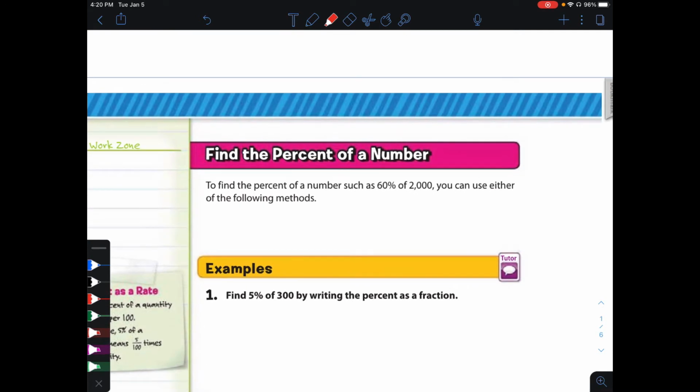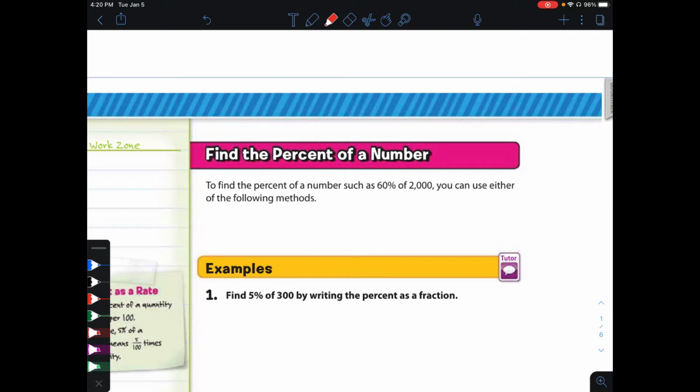So, find the percent of a number. In our lesson, it's saying that to find the percent of a number such as 60% of 2000, you can use either of the methods.